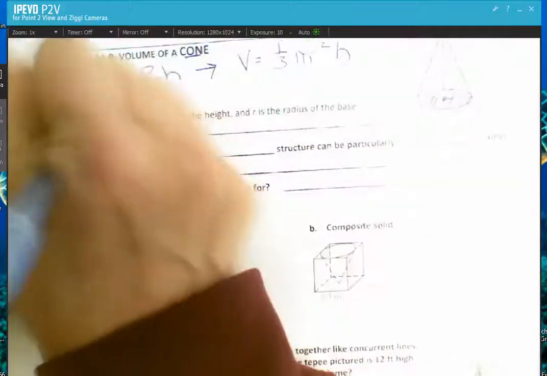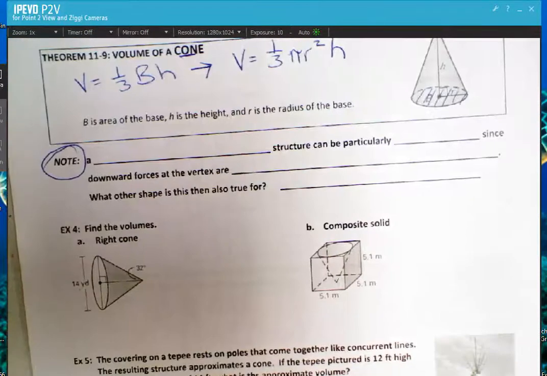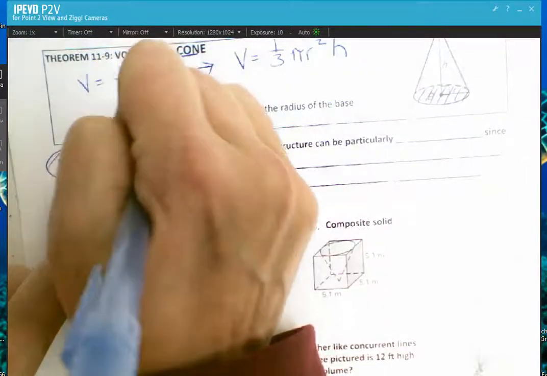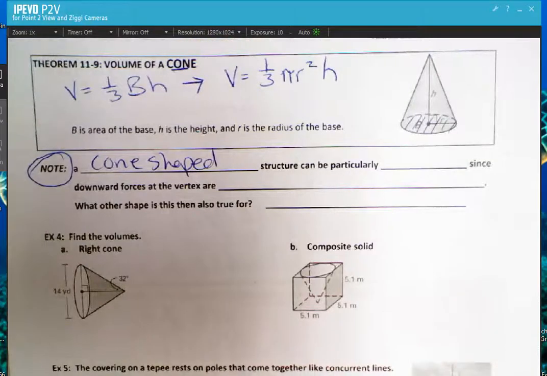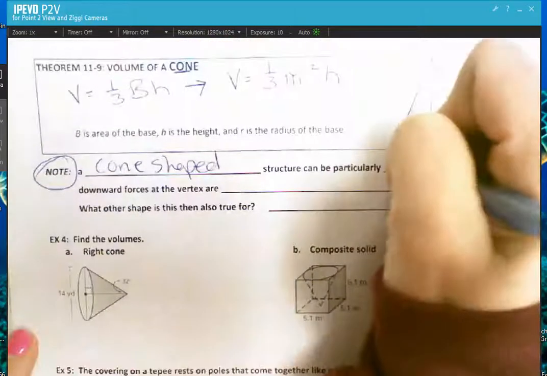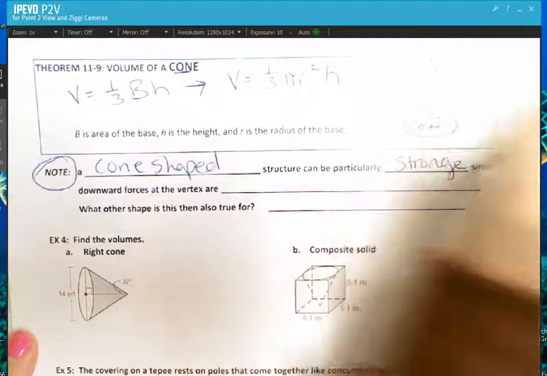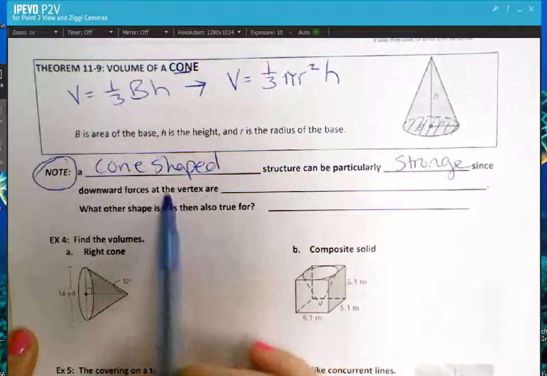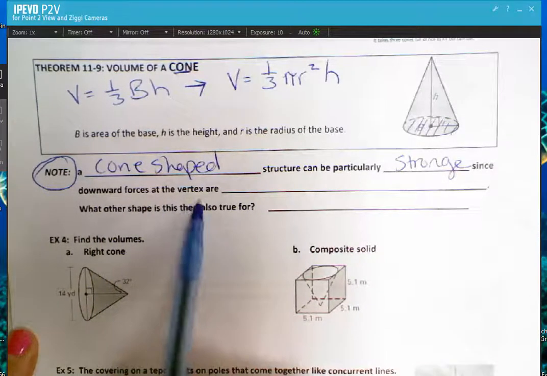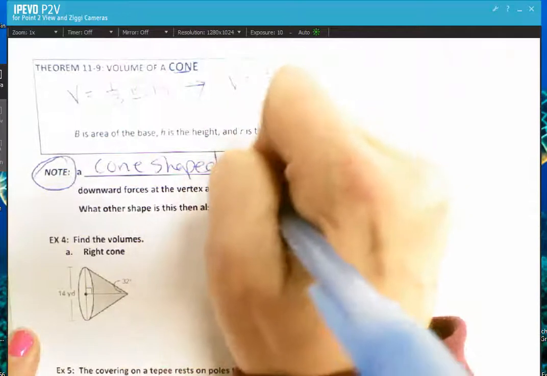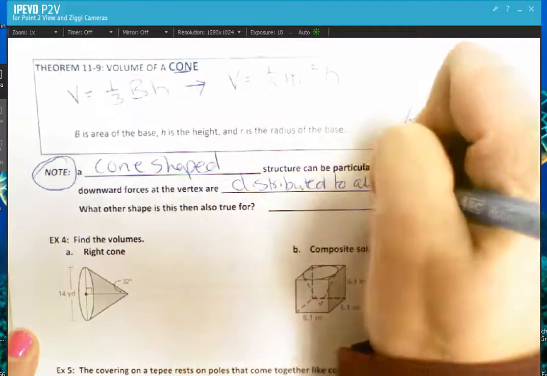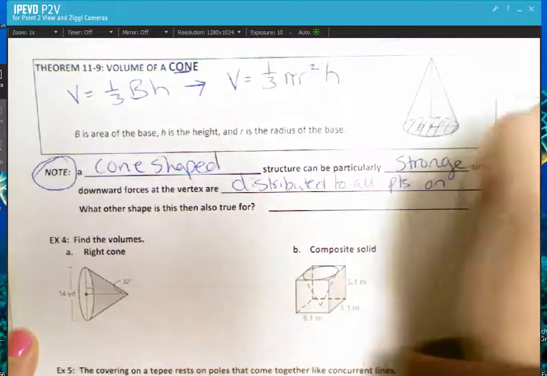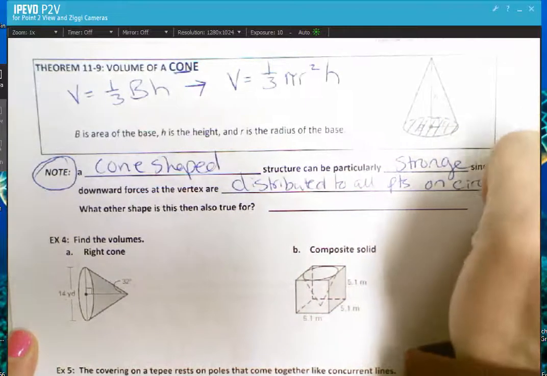We should note too, what's kind of cool, and we'll take a look at this again tomorrow, is that a cone-shaped structure can be particularly strong. Since the downward forces at the vertex are distributed to all points on the circle base.